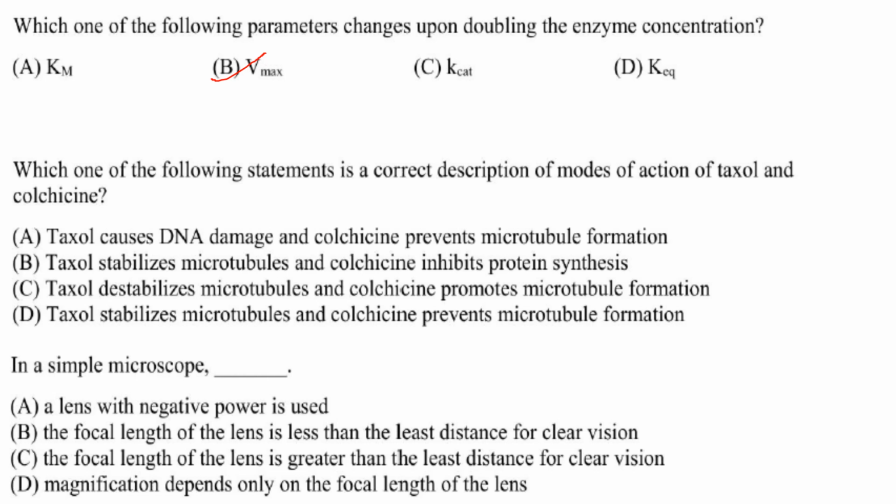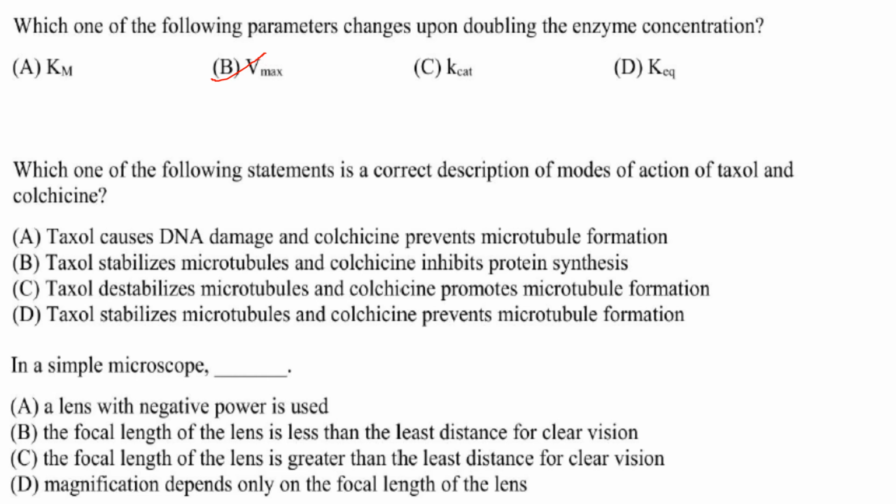Km is independent of enzyme concentration, and it tells about the substrate binding affinity. Kcat measures the turnover rate of the enzyme. And K equilibrium is the equilibrium constant, and it is independent of enzyme concentration.